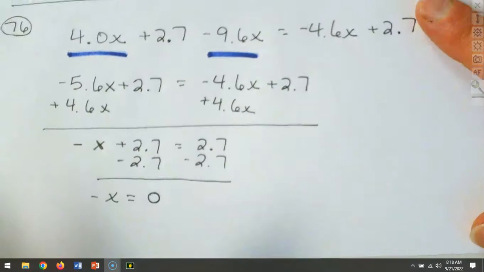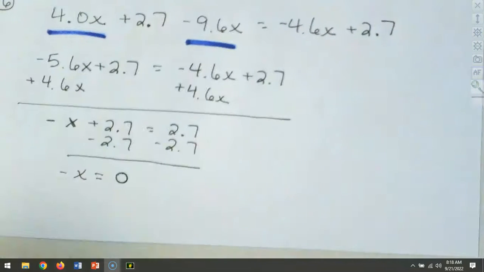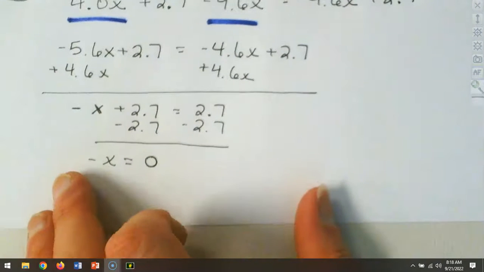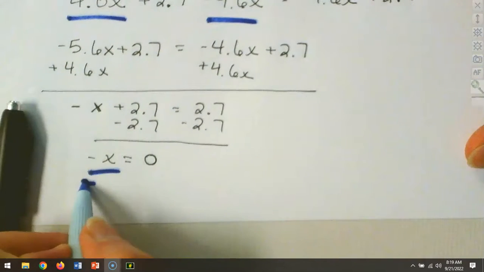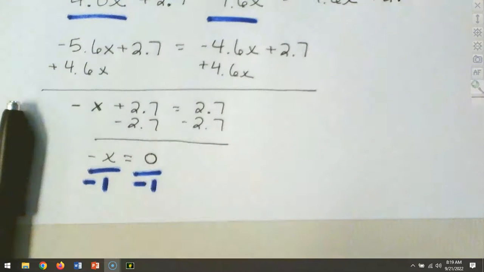And this does introduce another concept. This introduces the concept of that negative in front of the x. When we have solved all of the others, it didn't matter whether it was an x, a z, whatever variable it might be, it's always been a positive, right? It's always been that variable with no number in front. This one has a negative, so I need to get rid of the negative. So how do you get rid of the negative? Well, you can get rid of the negative by dividing by a negative 1. Okay, that's going to switch your signs.